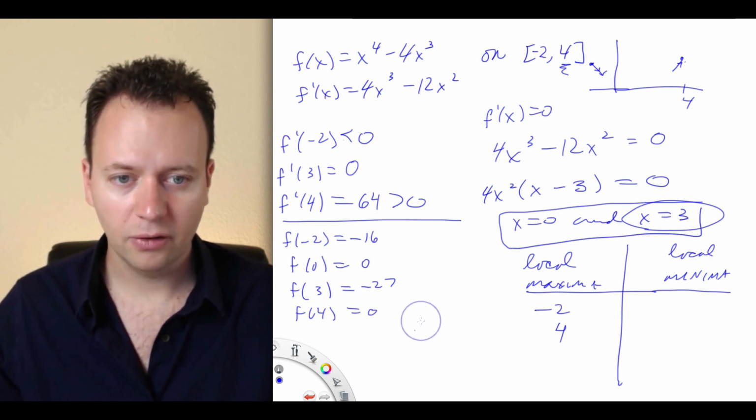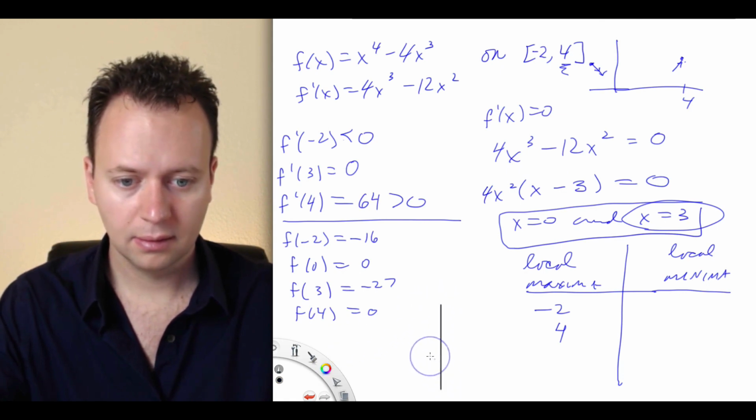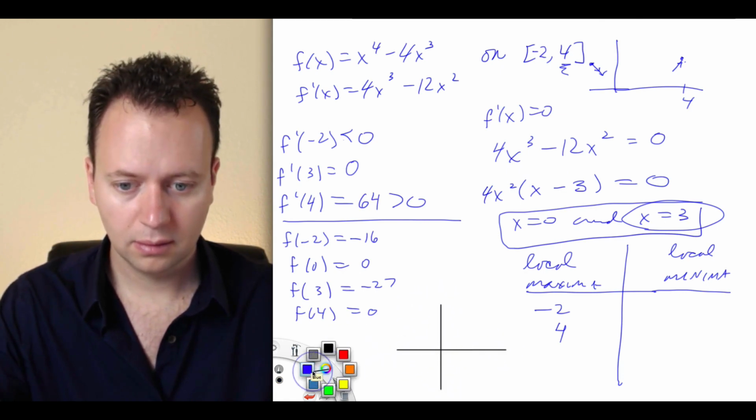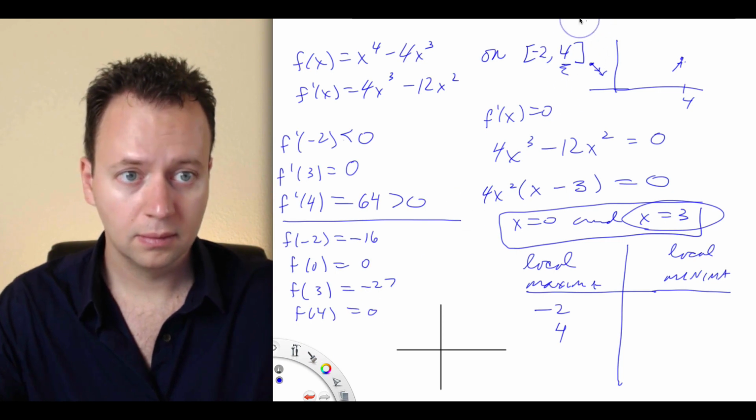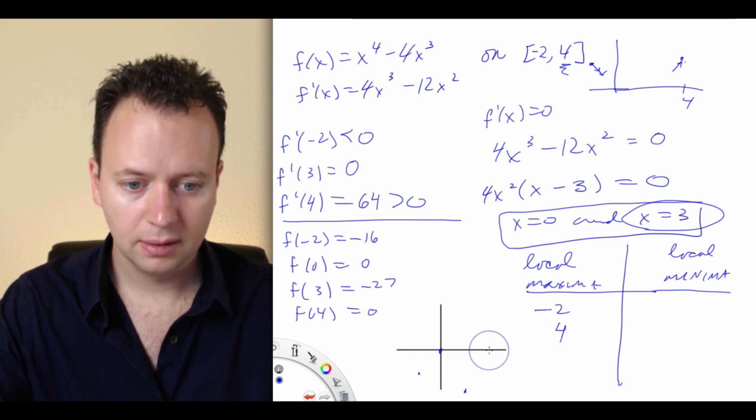So we basically have something like this. Okay, negative 16, 0, negative 27, 0.